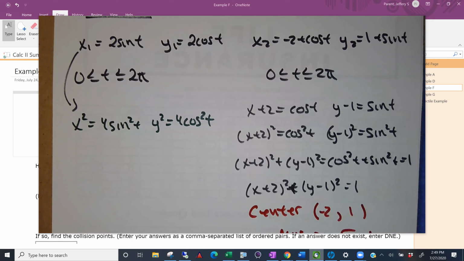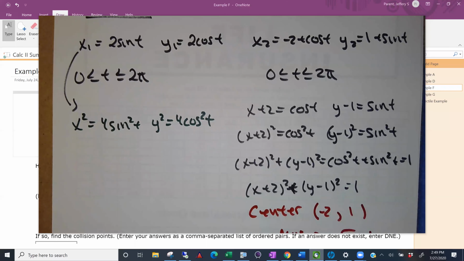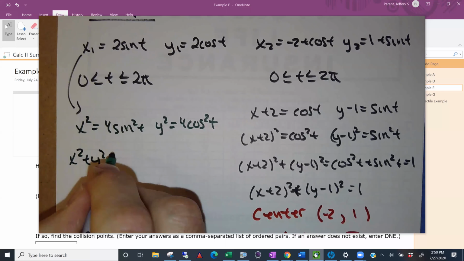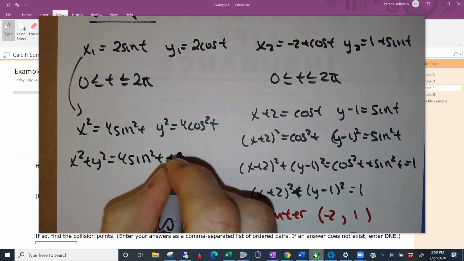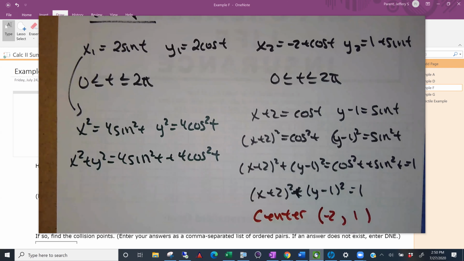Looking okay here. We can combine things like we did with the previous problem. I'm going to do x squared plus y squared. That's going to be 4 sine squared of t plus 4 cosine squared of t. But that doesn't look like 1. What can I do here?